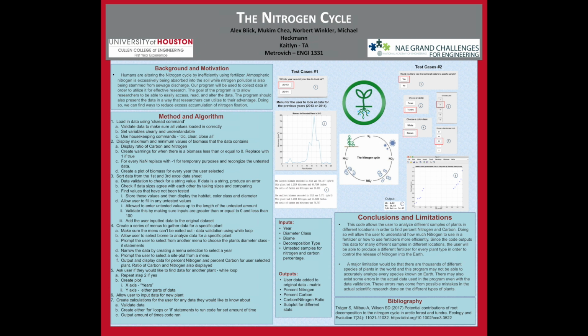Once the user chooses a type of plant they would like to view, it then displays all the data for that plant within the same year that they chose on the first menu. It will display the plot number, the biomass for all the plants, the percent nitrogen, the percent carbon, and also the carbon to nitrogen ratio.